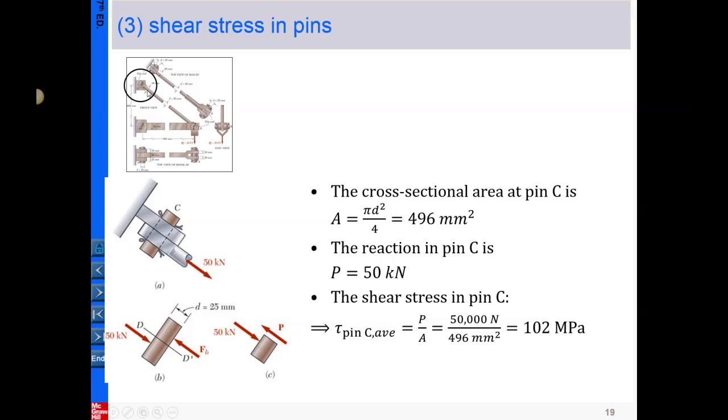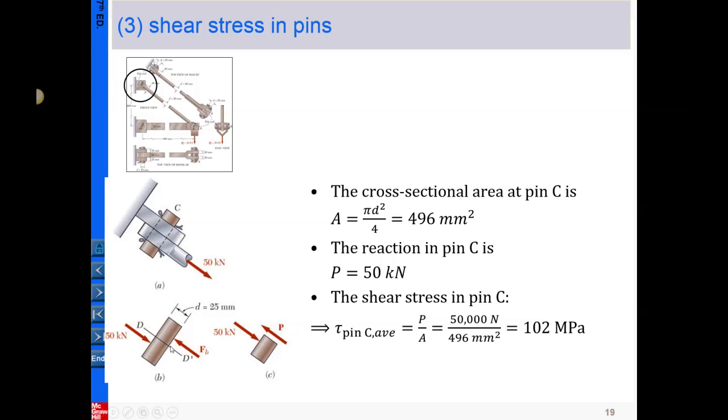If you remember, that bar has a magnitude of 50 and is in tension. So we take the free body diagram on the pin, and this 50 is transmitted to the pin to here, and this is a reaction to get everything in static equilibrium. This one must have a magnitude equal to 50 in the opposite direction. So here's 50, here's 50, and now we want to calculate the stress in the pin.